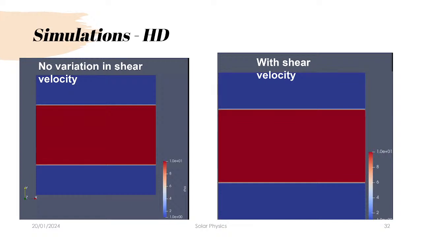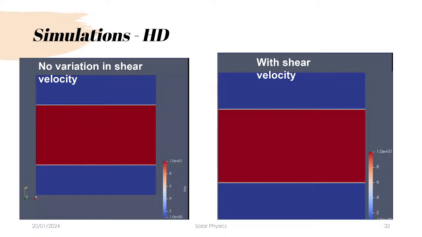So the first one is, let's first check whether AMRVAC works, right? If I don't have a shear velocity, I should not be getting KHI. Now you can see that it's on repeat mode, okay? So basically you are able to see the formation of something that is basically the perturbation I'm giving, but there is no KHI being formed.